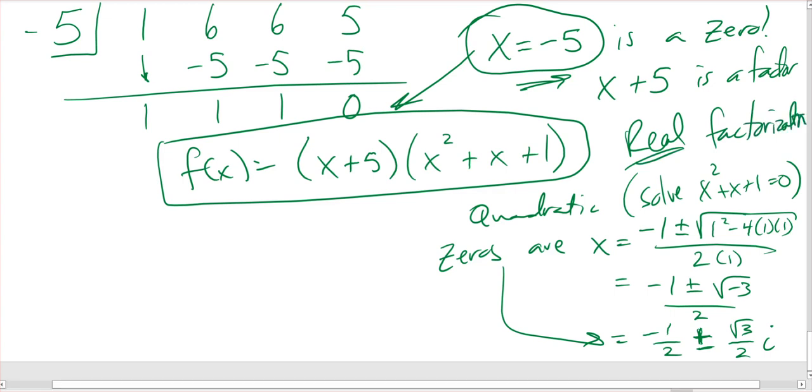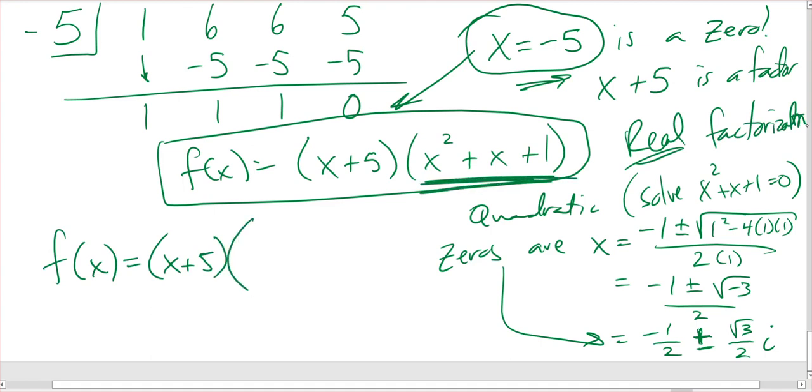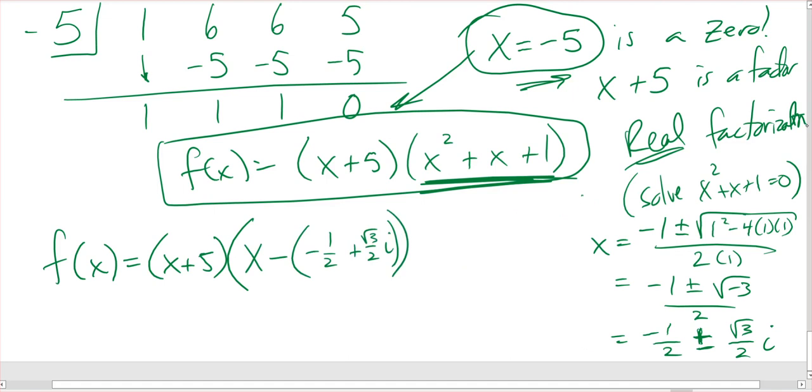And then for our factorization over the complex numbers, we would just go one step further and write the quadratic factor as a product of those two zeros. So we have x minus the one zero, so minus negative 1/2 plus square root 3 over 2 i. And then I ran out of room here. x minus negative 1/2 minus square root 3 over 2 i. That x plus 5 factor wasn't part of it; it's separate.